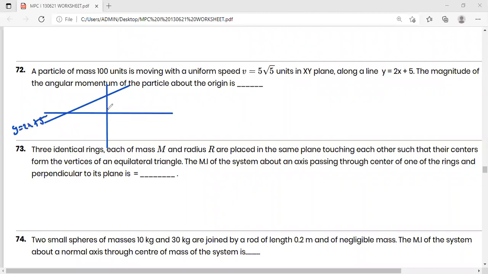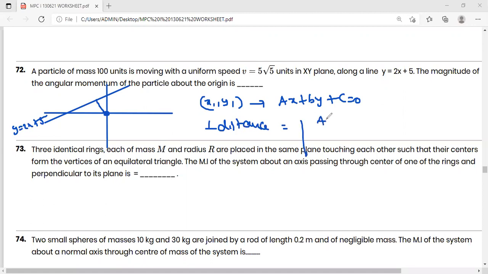To calculate the perpendicular distance between a point (x1, y1) and a line ax plus by plus c equal to 0, the formula is modulus of (ax plus by plus c) by root over a square plus b square. That is the general formula.